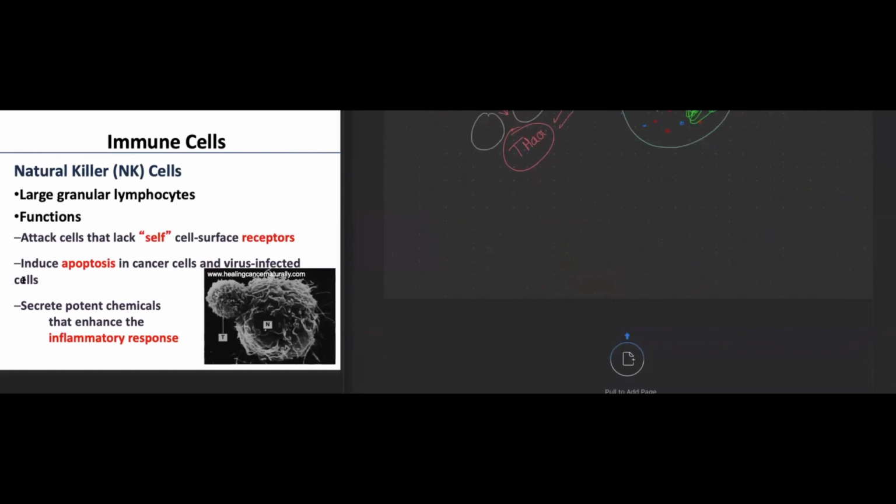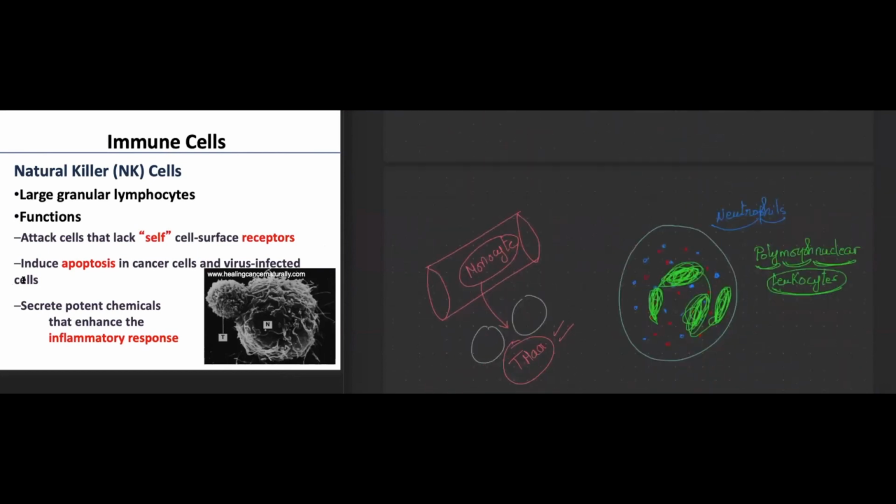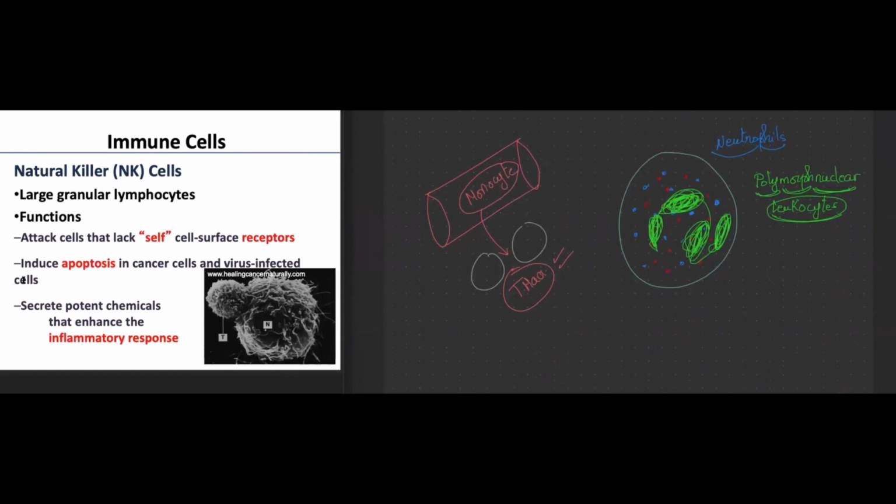Another type of immune cells that will act again non-specifically, all what we're discussing now are part of my innate immunity, non-specific. I'm not attacking any specific bacteria by the macrophages. I'm not attacking any specific viral infected cell. I'm not attacking any specific virus by the macrophages. I'm not attacking any specific bacteria by the neutrophils.